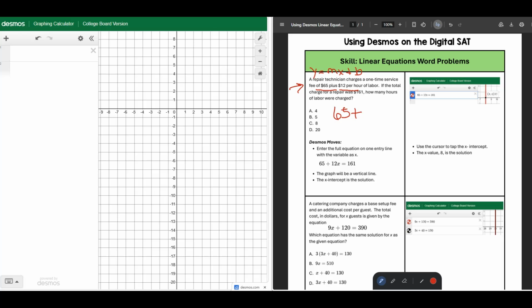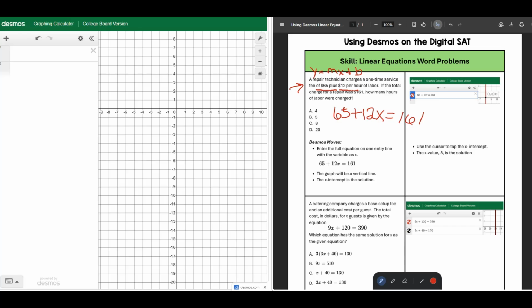And so in this case, we will have 12x, and that is equal to 161.